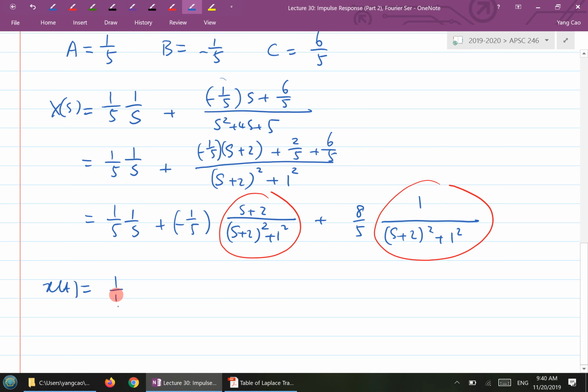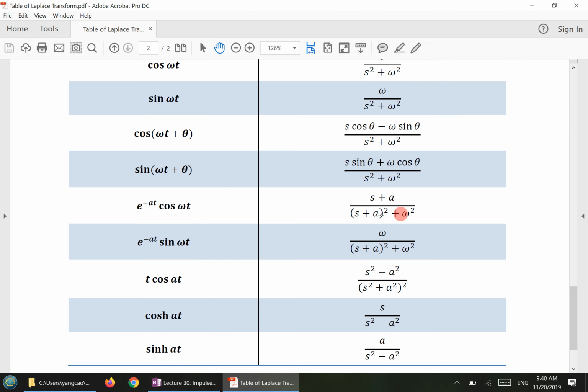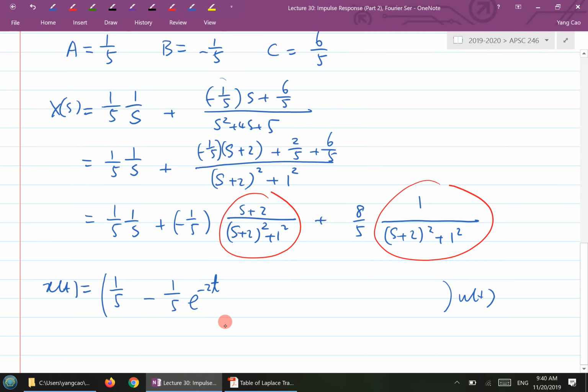First term is 1/5 u of t, so I'll keep the u of t on the outside here. And this is negative 1/5 e to the power of negative 2t, cosine omega t, and cosine t, and 8/5 sine t.